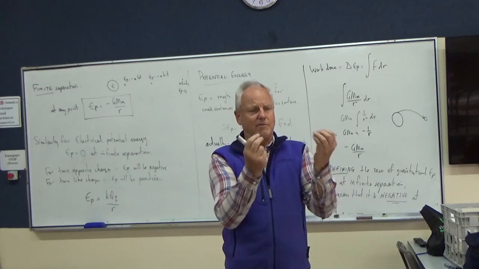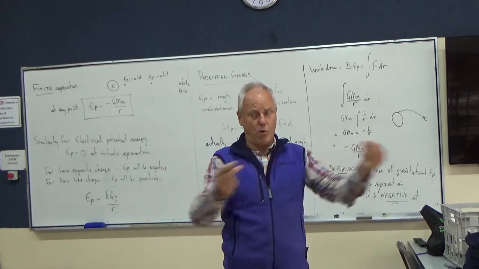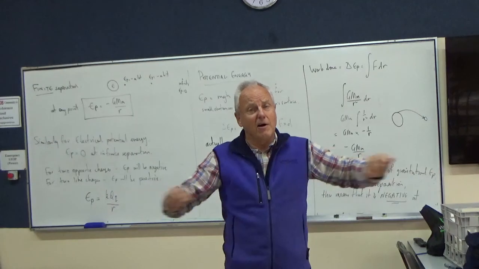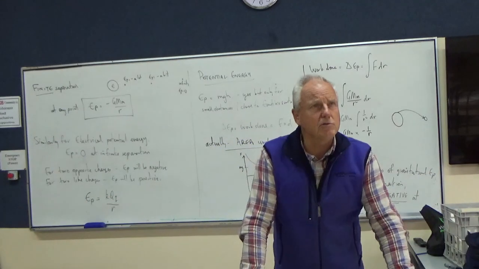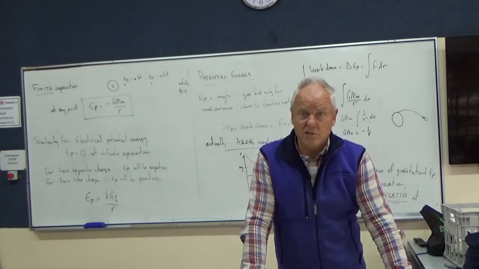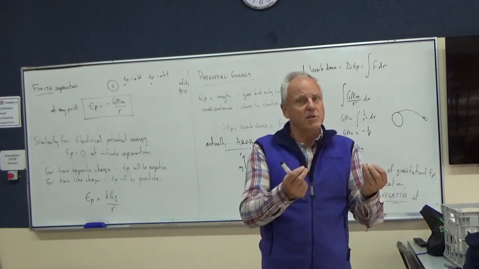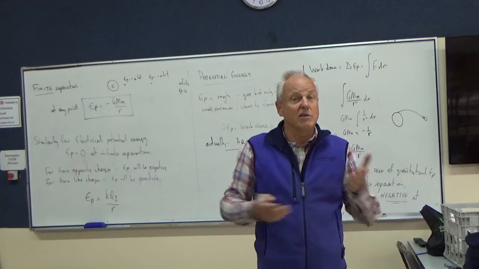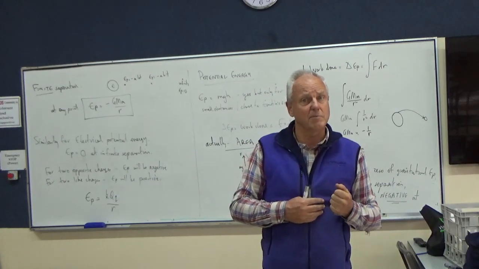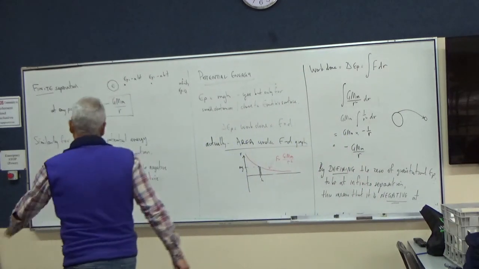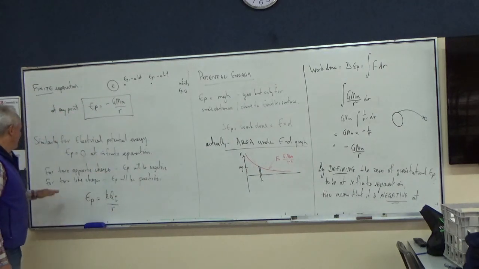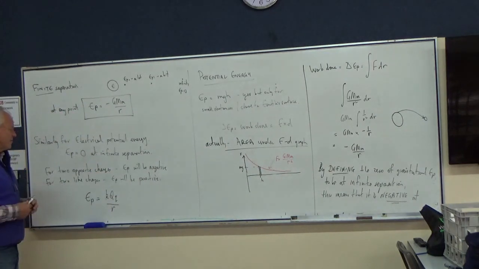Similarly, two positive charges fly apart, lose potential energy and gain kinetic energy to get to 0, so it was positive at any finite separation. So for two opposite charges, EP will be negative. For two like charges, EP will be positive.